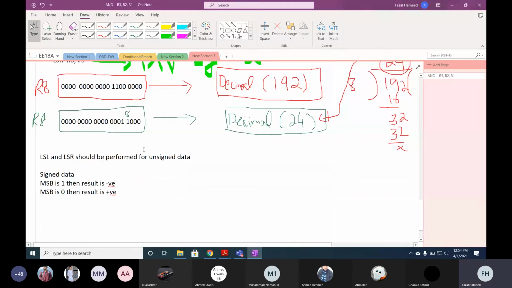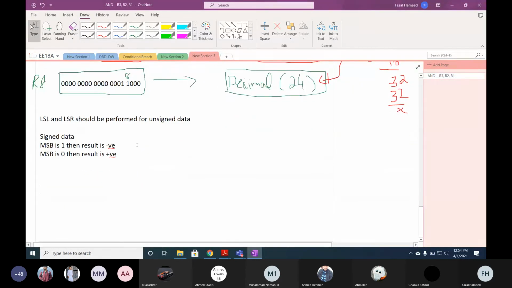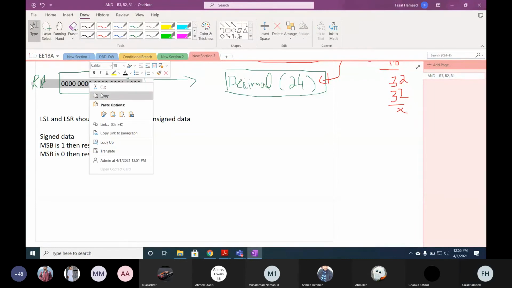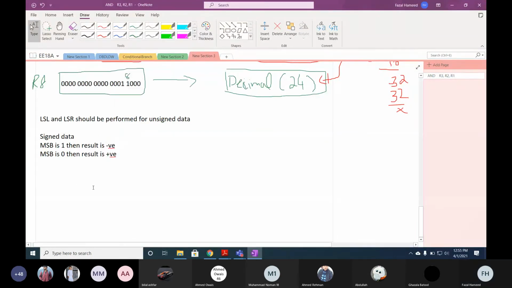Do you agree with this or not? So now let's assume we have some data in R5. Now this is our data.